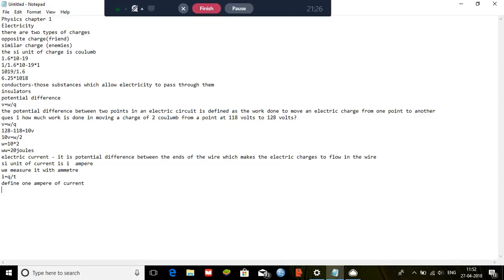I'm not writing it down, so please note it down. As I said minute, please change it to second. When 1 coulomb of charge flows through any cross section of a conductor in 1 second, the electric current flowing through it is said to be 1 ampere.